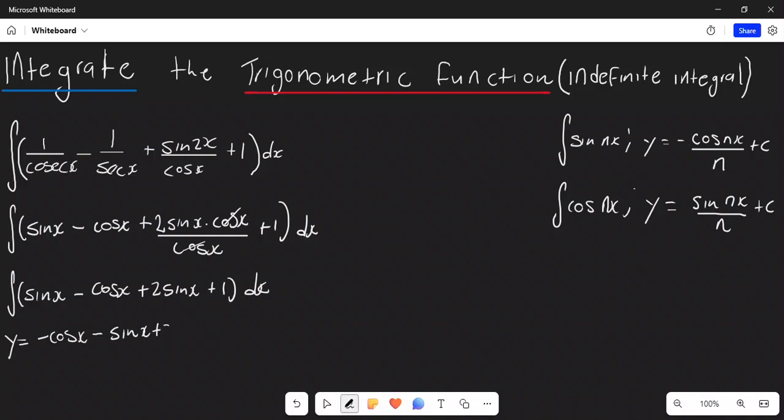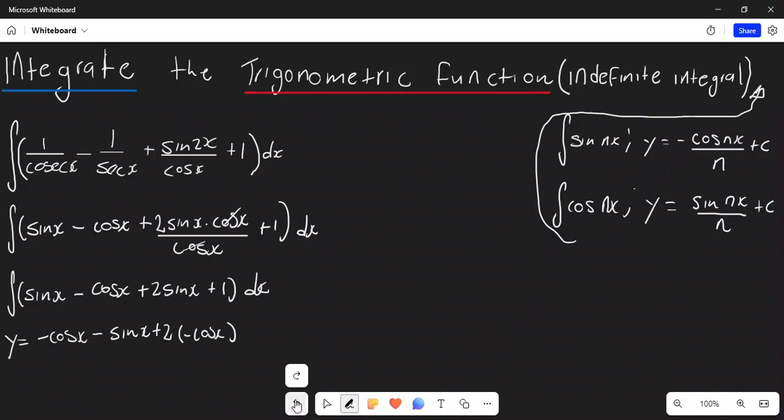You can say plus 2 is our coefficient, and then from there negative cos x. Remember, the coefficient of x is 1, so you divide by 1 here, so it's going to give you that. So just in case guys you want to learn more about trigonometric integrals, go to this video here. I explain each trigonometric ratio that we can integrate.